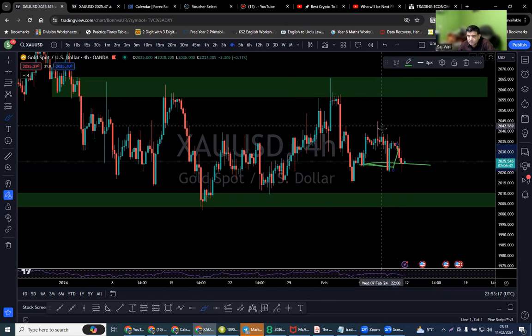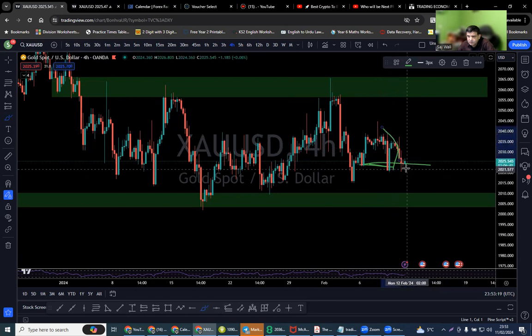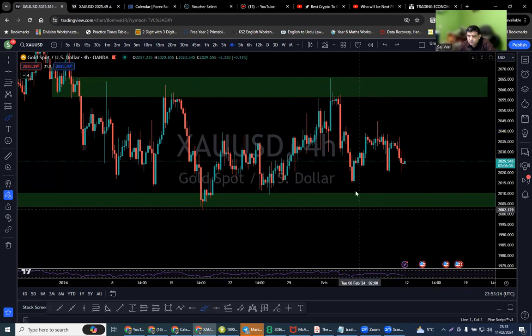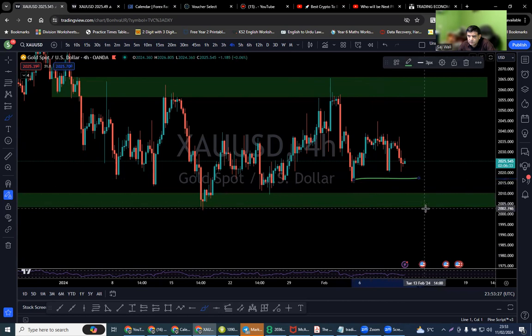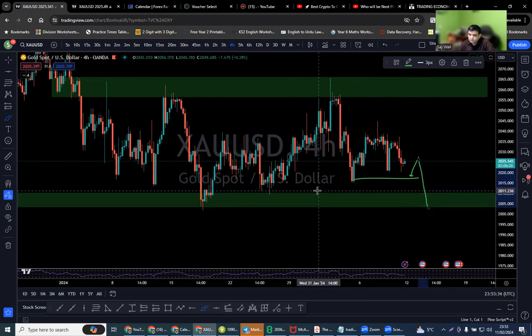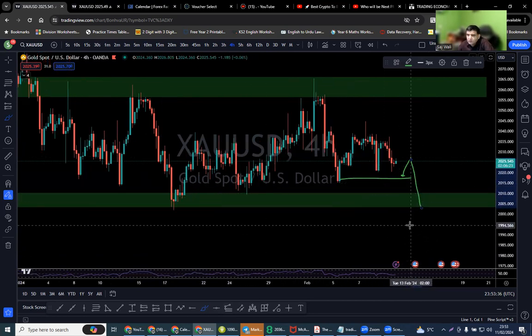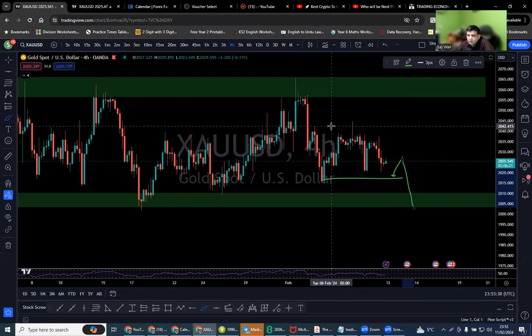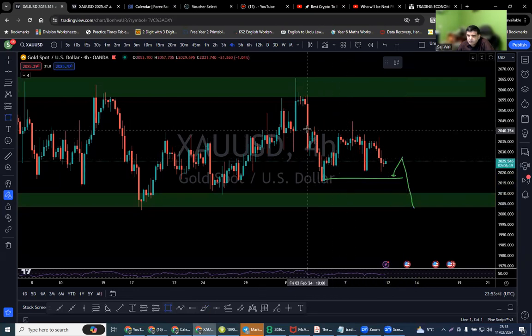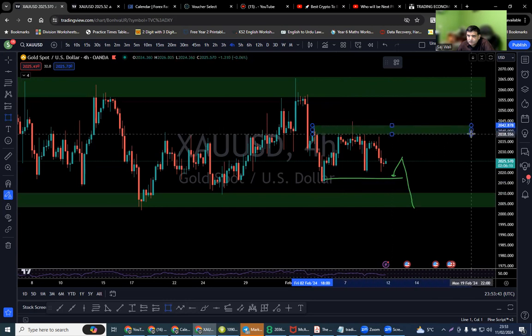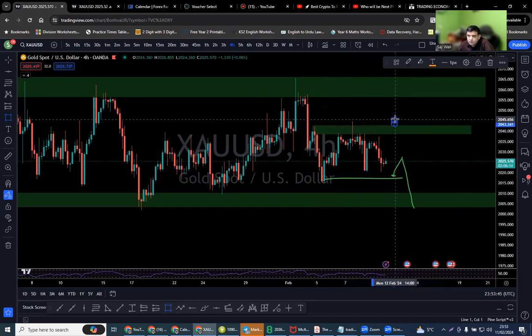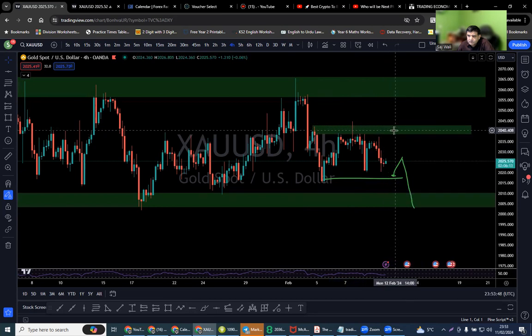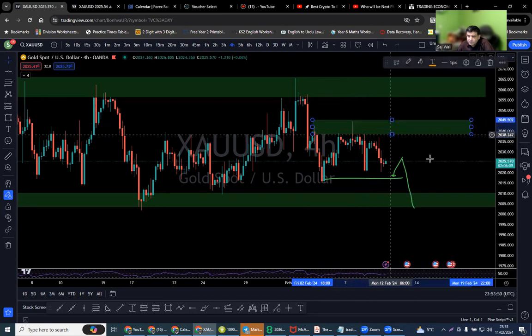And now, because the market was bearish, we still can expect market to come to this level here and give a rejection from there and then probably come to the downside. So in 4 hour, we also have this level. Because it has liquidity on top of it, the stop losses.